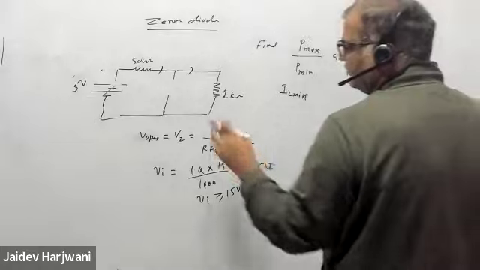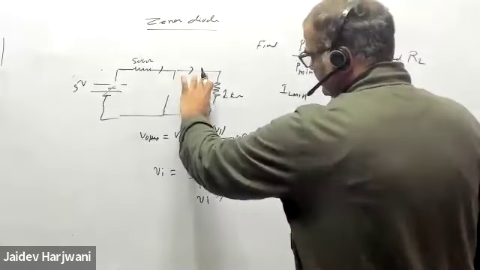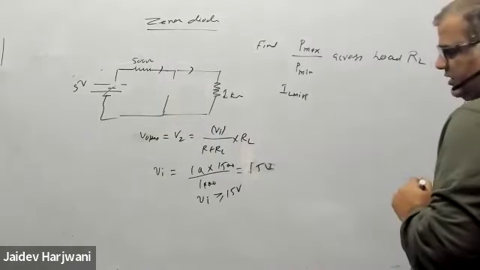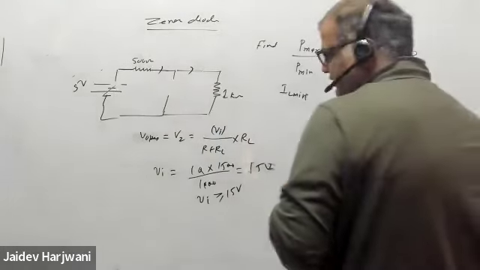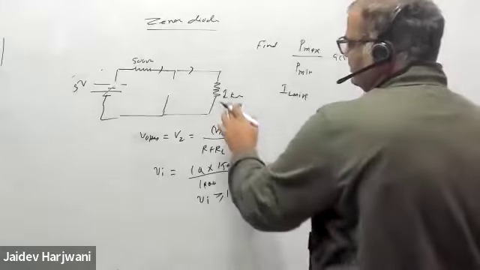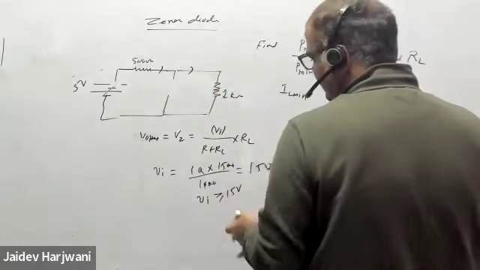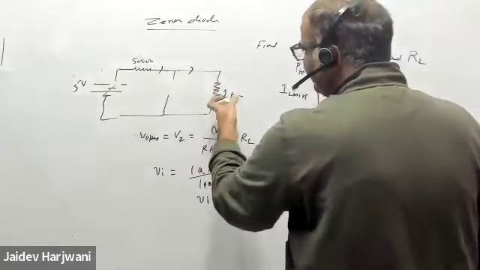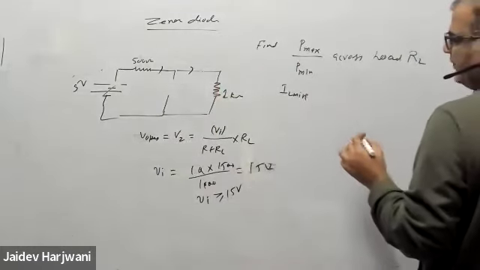Because now here, how much voltage is there with this 5 volt? If I keep 5 volt, then here voltage will be obviously less than 10 volt, so current will be low. So this will be IL minimum.